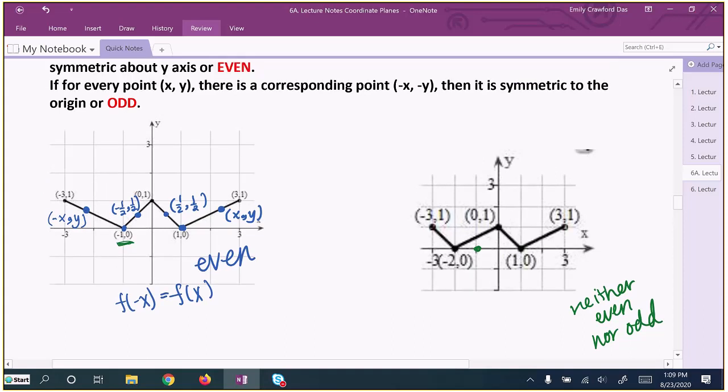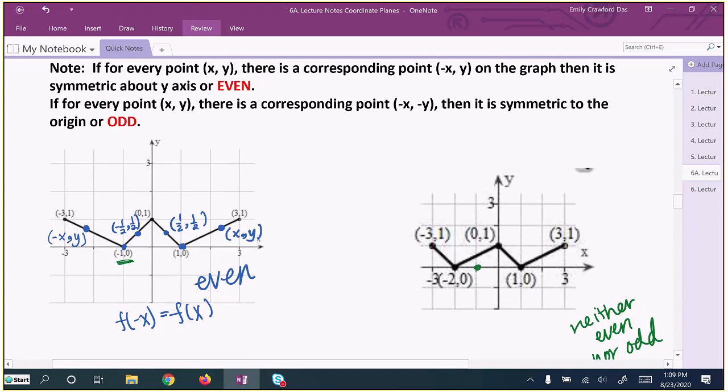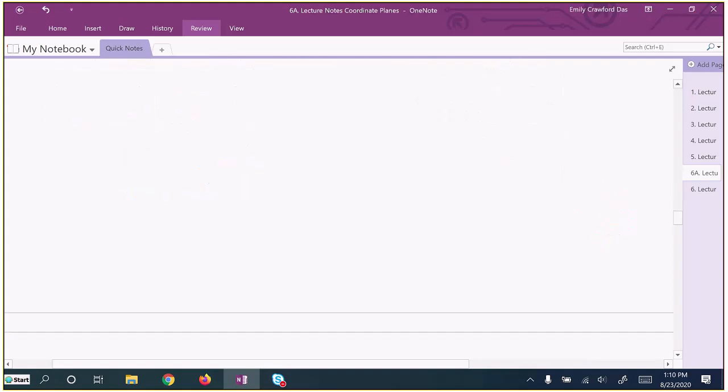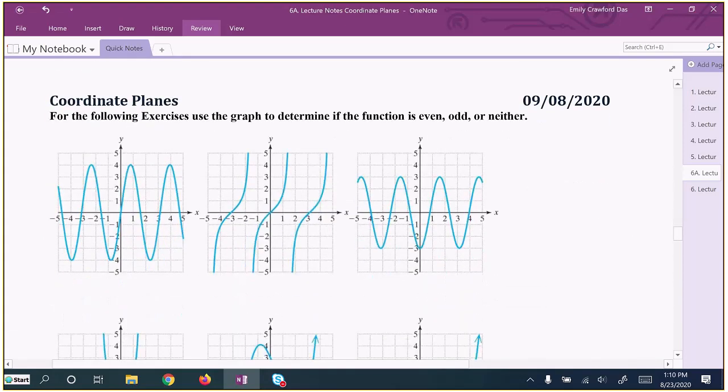So if I went back to the note and I asked myself, okay, for every x, y on the graph, like negative 1, 0 is like positive 1, 0, then do I get negative 1, 0 on the graph? And I would have to say no, I don't, because this point isn't on my graph. So I can right away say it's not even. What about oddness? If I start with the point 1, 0, then negative x, negative y would also be negative 1, 0. And it's just not there, so I say it's neither even nor odd.